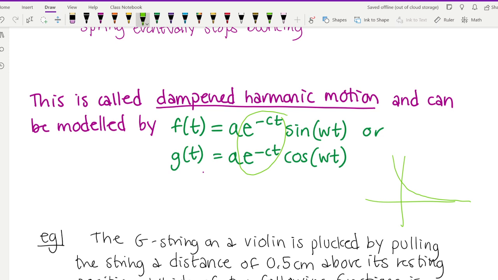So when you have e to the negative some number times t, it's going to give you graphs that go down and down as time goes on. If you multiply that with a sine or cosine graph, you get a graph that still has these waves, but the waves are getting smaller and smaller. It's like you're blending together this exponential decay function with a sine or cosine function, giving you a function that has the properties of both of them.